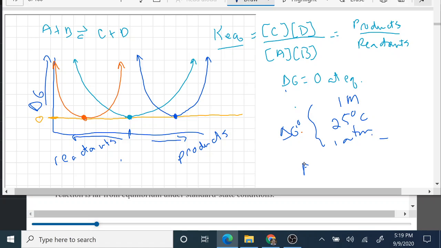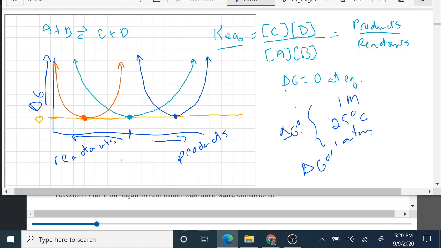Now, if we have delta G naught prime, then we use that oftentimes for biological systems, and that's the same as delta G naught, but remember that our system is also dependent on pH. And so we want our system to be at a neutral pH in biological samples.